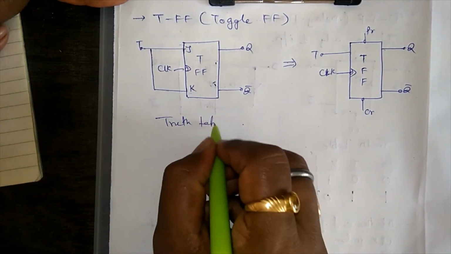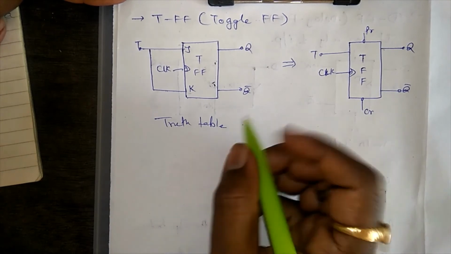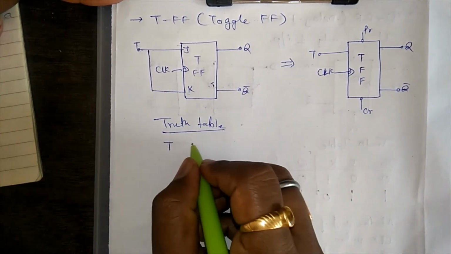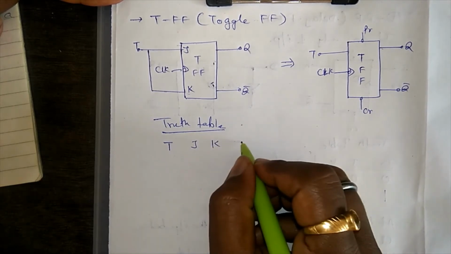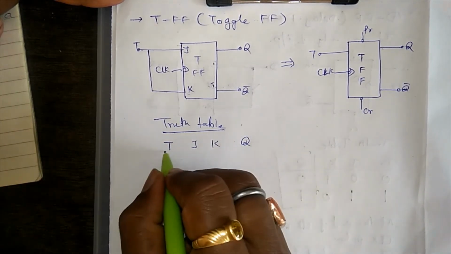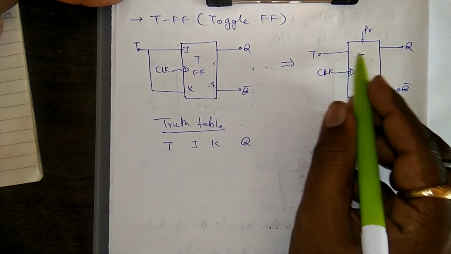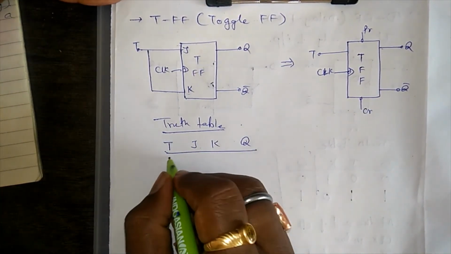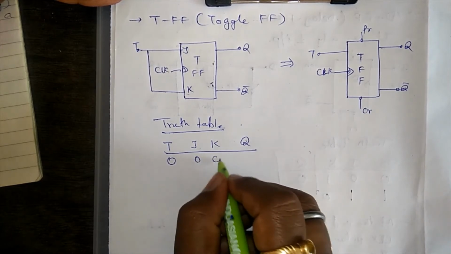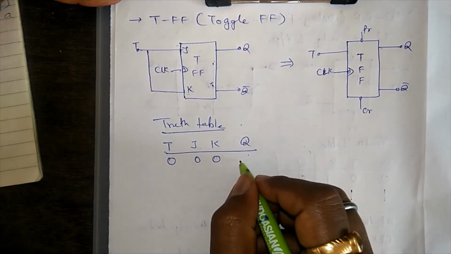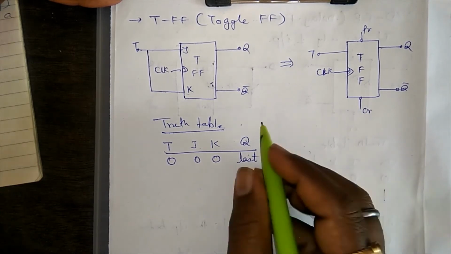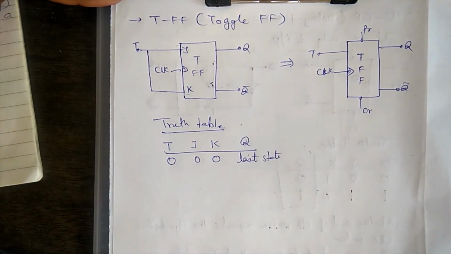T, J, K and Q, where Q is the output. J, K, because it is prepared by a JK flip-flop only. When T is 0, J is 0, K is 0, the output will be the last state. Whatever state was available previously remains.